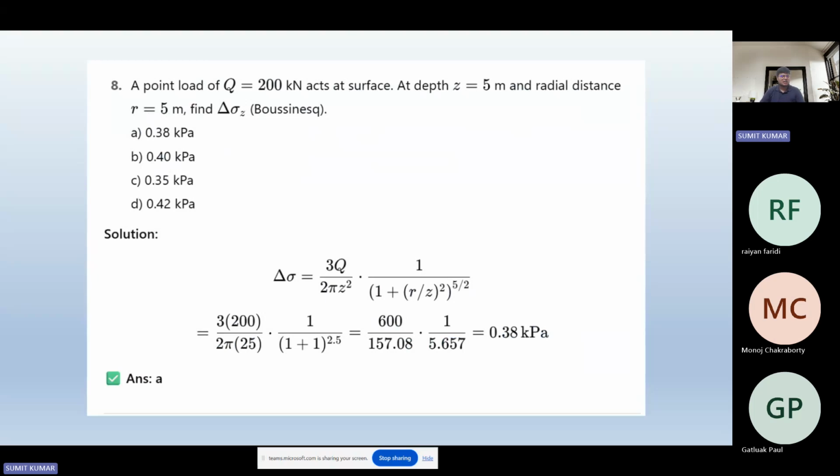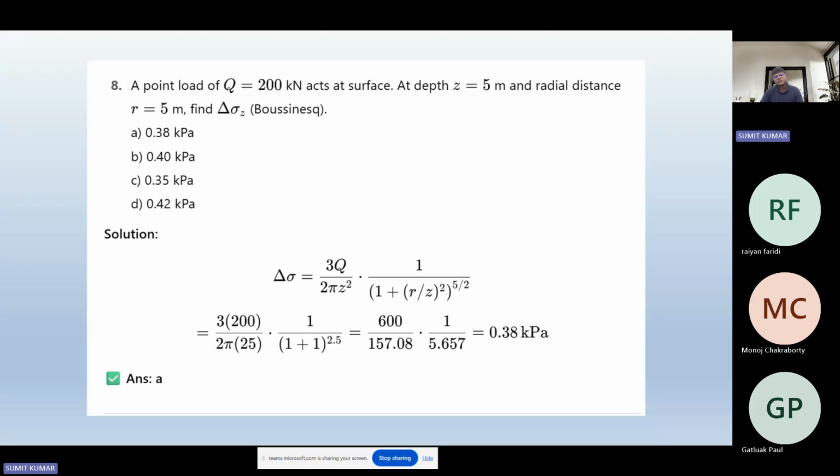The next problem says that a point load of 200 kilonewton acts at the surface, at depth z equal to 5 meter and radial distance r equal to 5 meter. Find Δq using the Boussinesq equation: 3Q by 2π z² into 1 by (1 plus r² by z²) to the whole power 5 by 2.